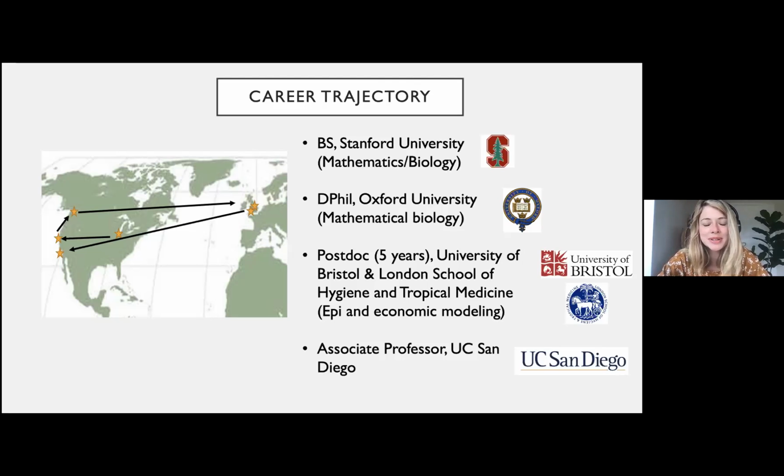So I worked with her as an undergraduate and knew I wanted to do a PhD in a related field. But I wasn't sure where that was going to be. And I actually moved up. I started my doctoral work at University of British Columbia in Canada. There was a very, very famous mathematical biologist who kind of founded the field, actually.